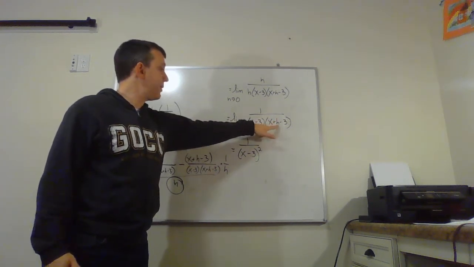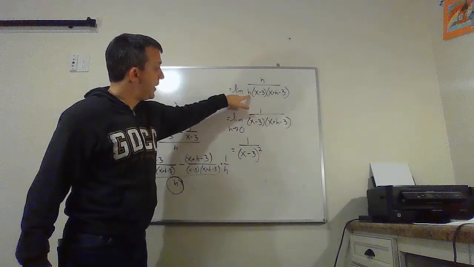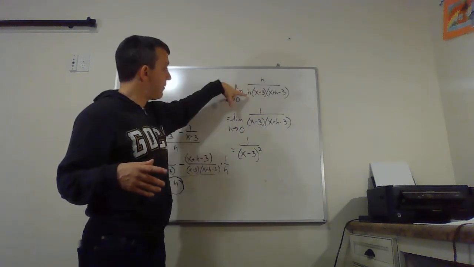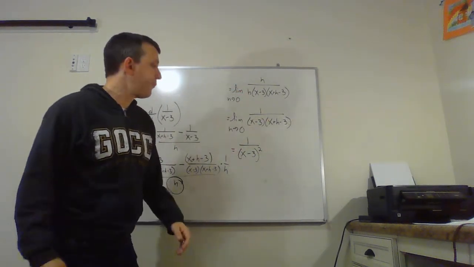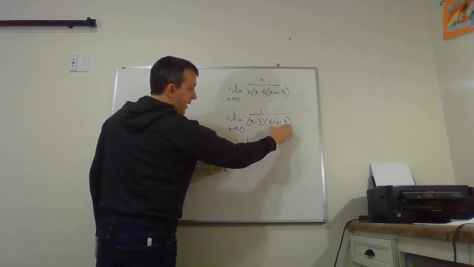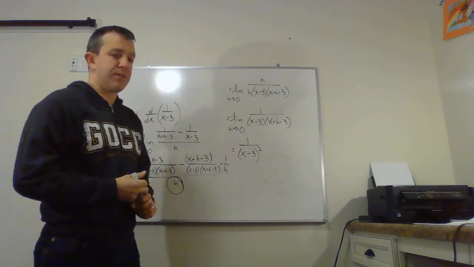Before, if I put 0 in for h, 0 times anything is 0, it still blows up. But as soon as I get rid of those h's, now I can plug it in. And when I do that, I get x minus 3, this h is gone, so I get x minus 3 again. I just get the function 1 over x minus 3 squared.